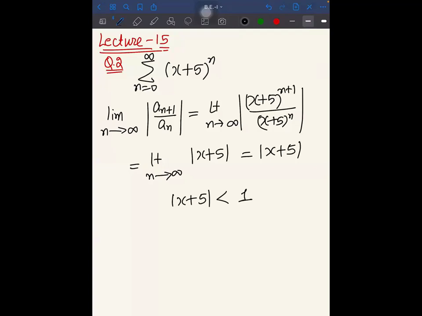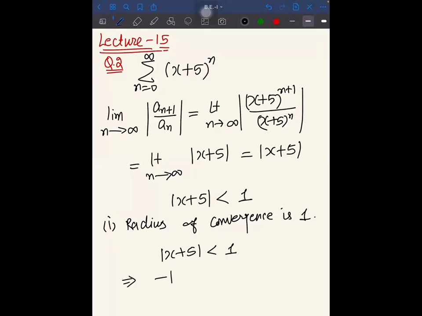First part is the radius of convergence is 1. Second, we want to find out where it is convergent. That means it will converge when this thing lies between -1 and 1.